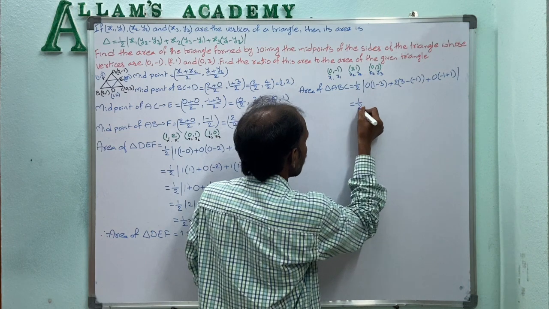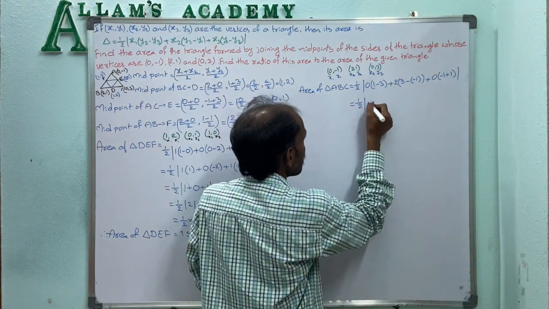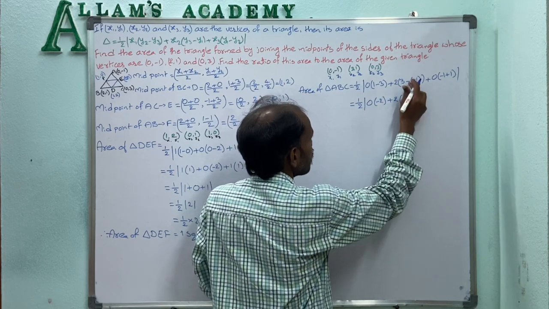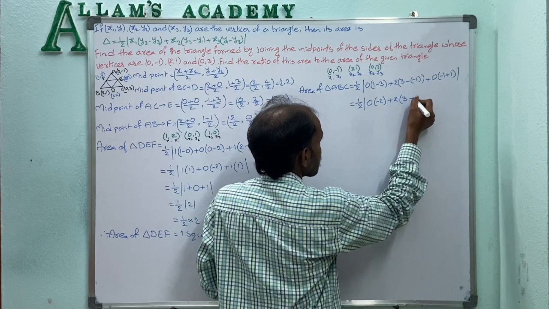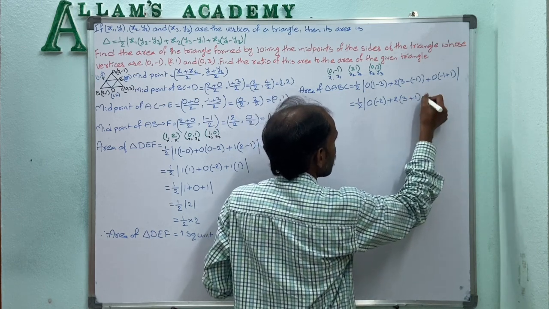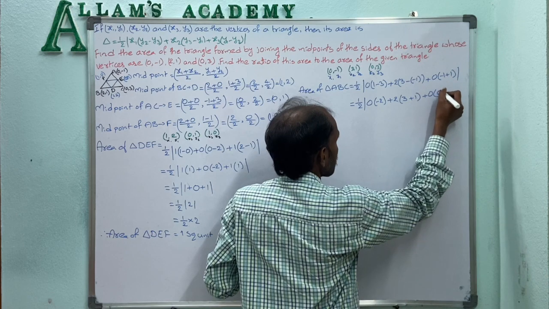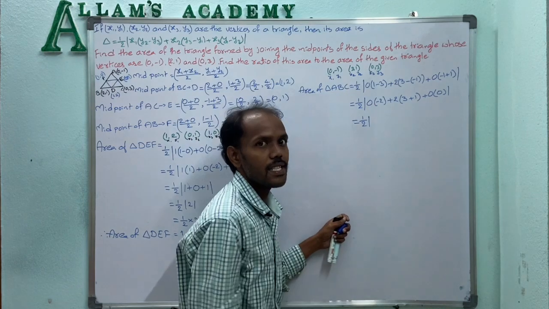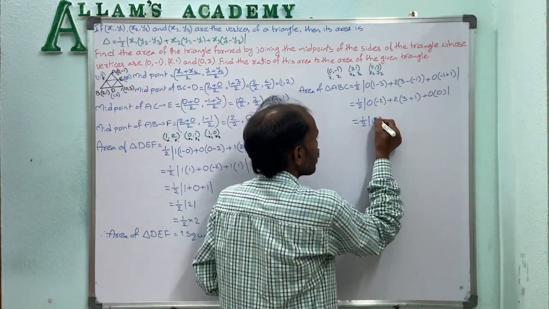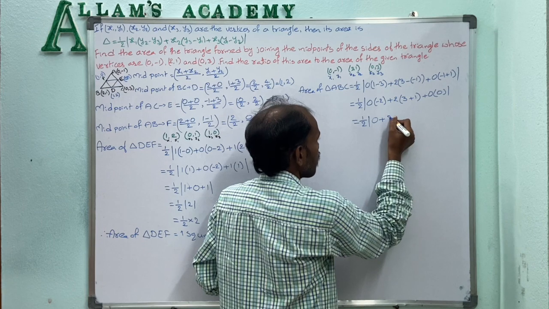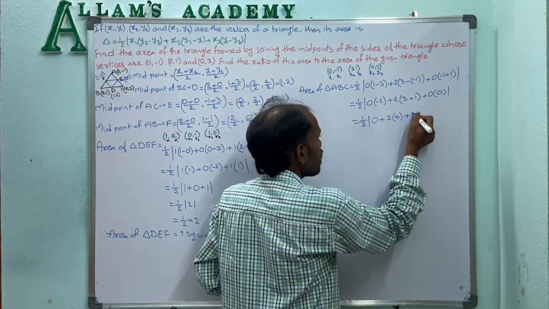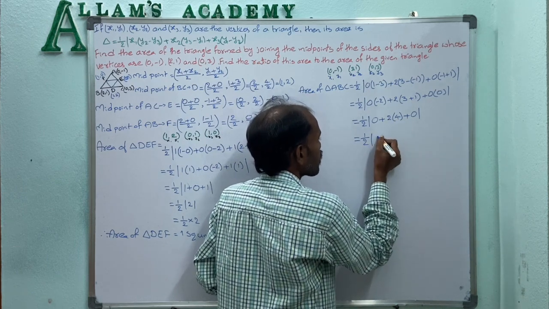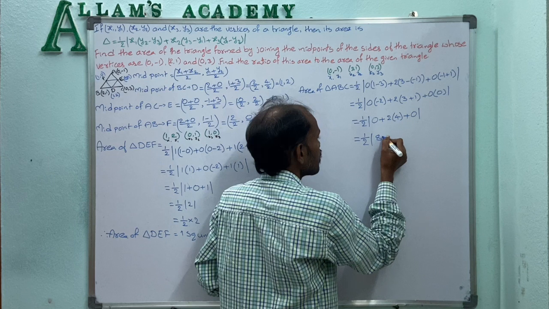That equals half mod of 0 into (-2) plus 2 into (3 plus 1), plus 0 into (-2). So 0 into minus 2 is 0, and 3 plus 1 is 4, so 2 into 4 is 8, and 0 into minus 2 is 0.